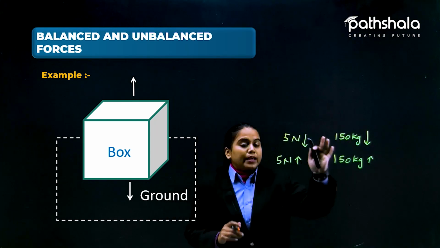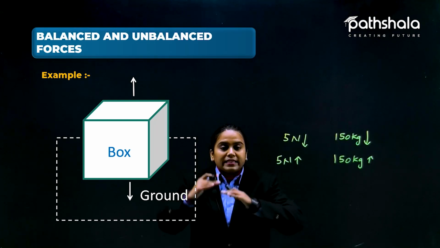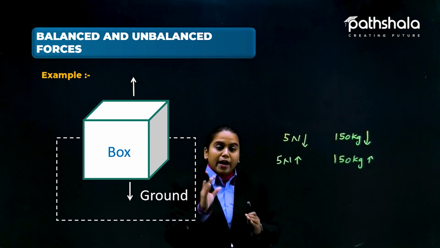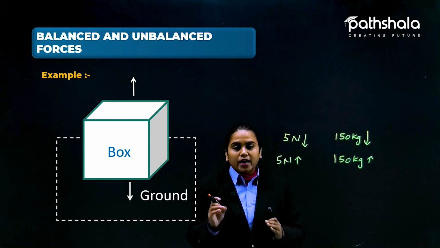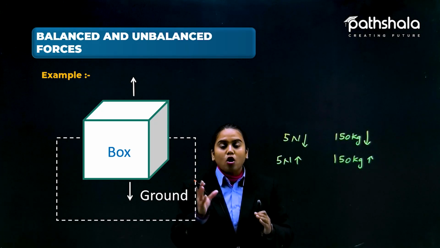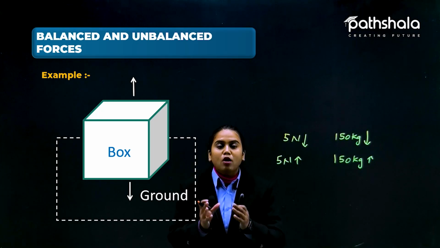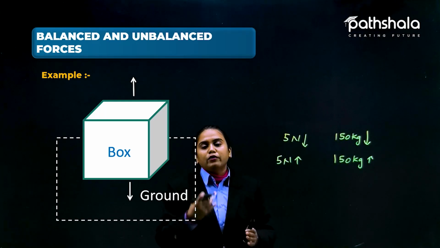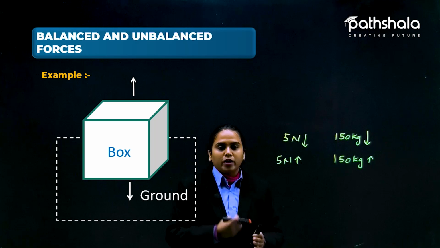So here the equal and opposite balancing of force does not let anything go inside. And if somehow the ground is not capable of holding such weights, then definitely it will make a pit in it.